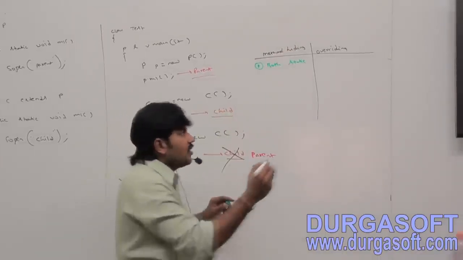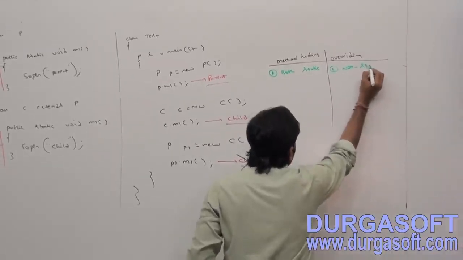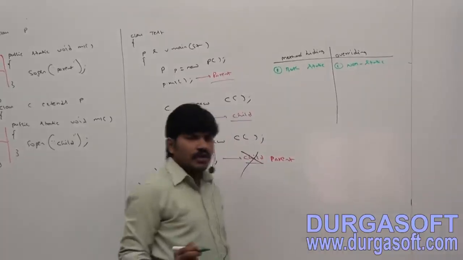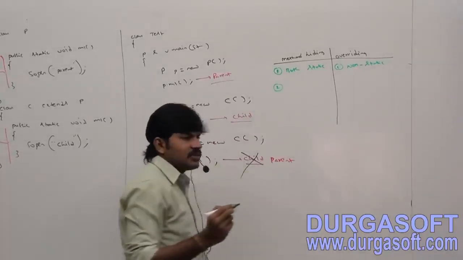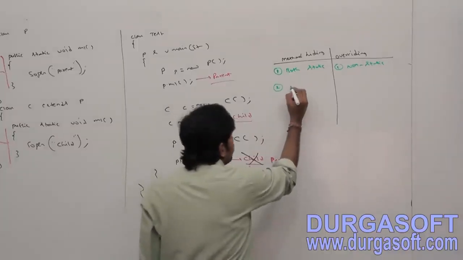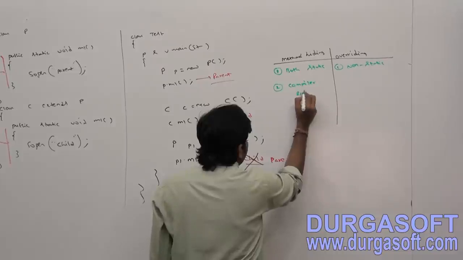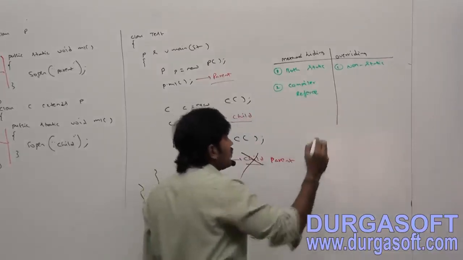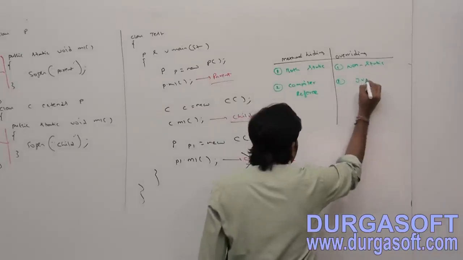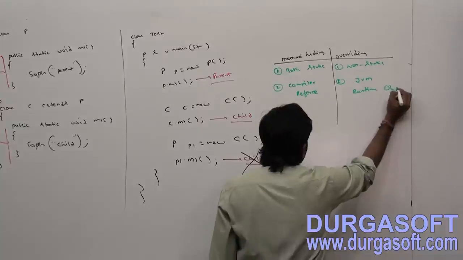Both the parent and child class methods should be non-static if it is overriding. Next, method resolution is always taken care of by the compiler based on reference type. In overriding, method resolution is taken care of by the JVM based on the runtime object.